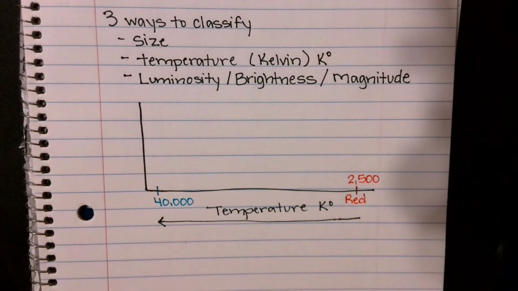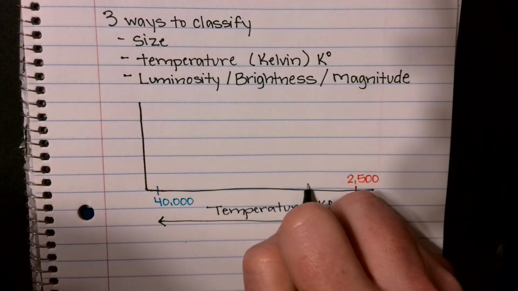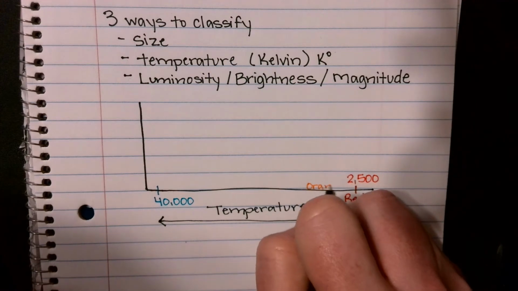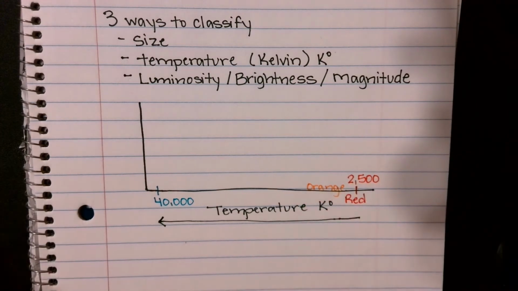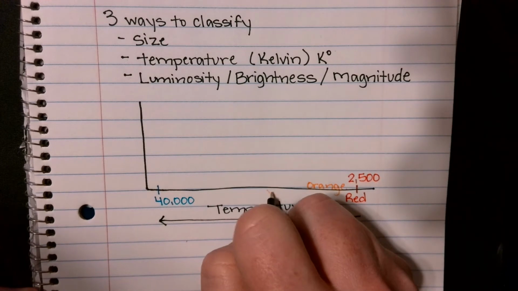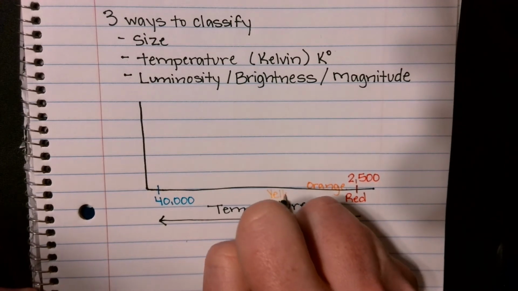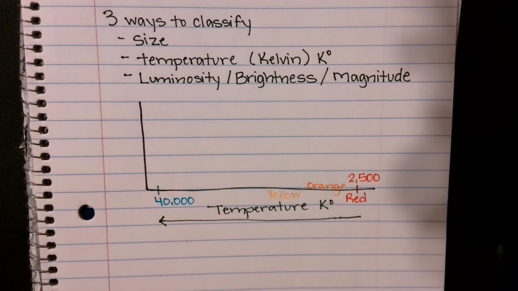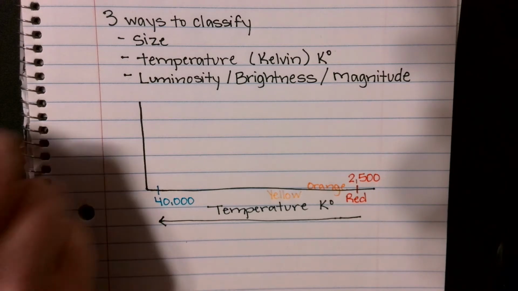We're going to have some orange stars. And these are really considered our coolest stars. We are also going to have some yellow stars, like our sun.